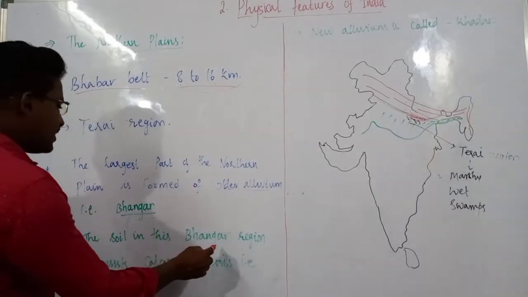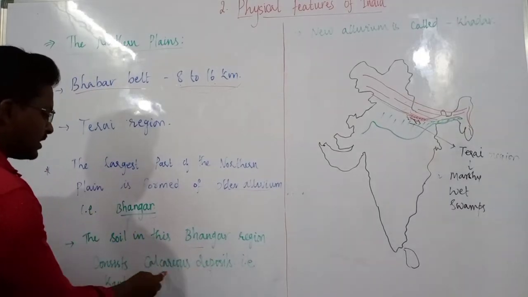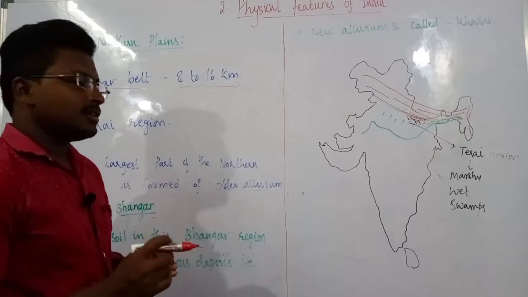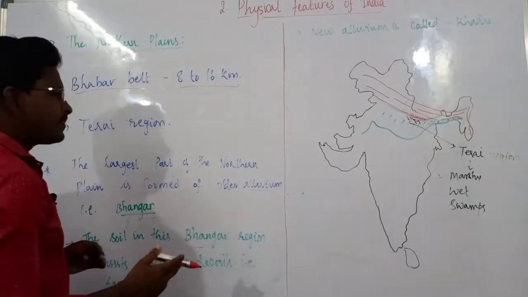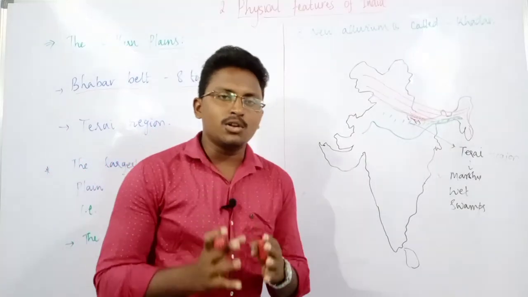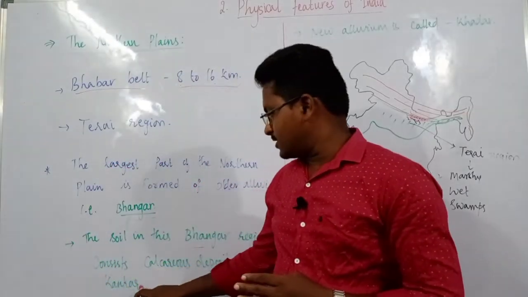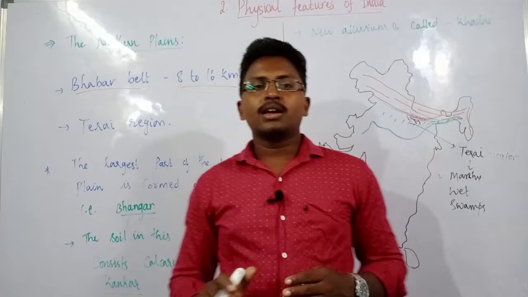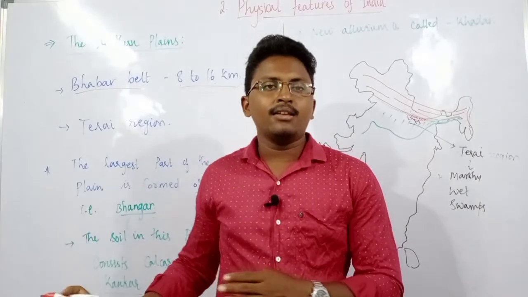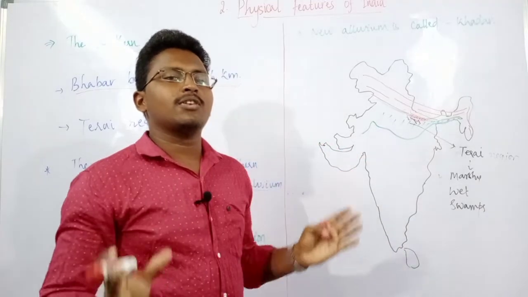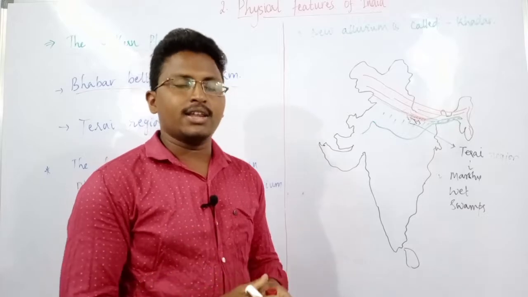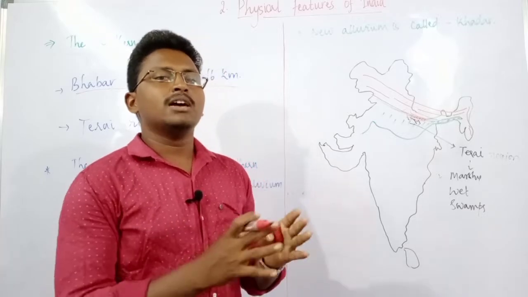And this Bangar is rich in calcareous deposits, which we also call Kankar. That means this older alluvium consists of calcium carbonates, or Kankar. And this Bangar you can find far away from the river areas, or far away from the river banks.